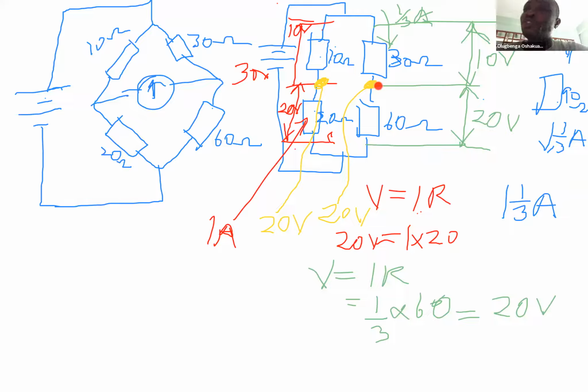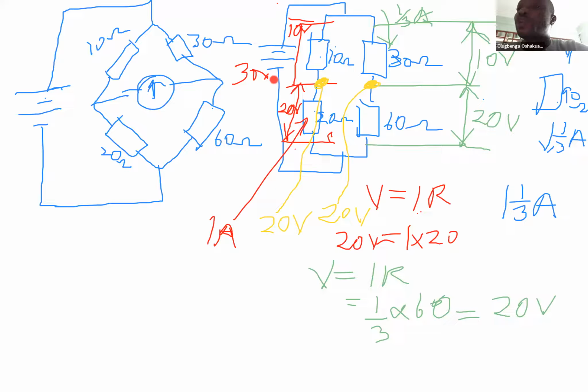The current through this channel is 1/3 ampere, while the current through this channel is 1 ampere. According to Kirchhoff's current law, 1 ampere here plus 1/3 ampere here will add up to give us one whole number, 1/3 ampere, that will flow back to the battery.